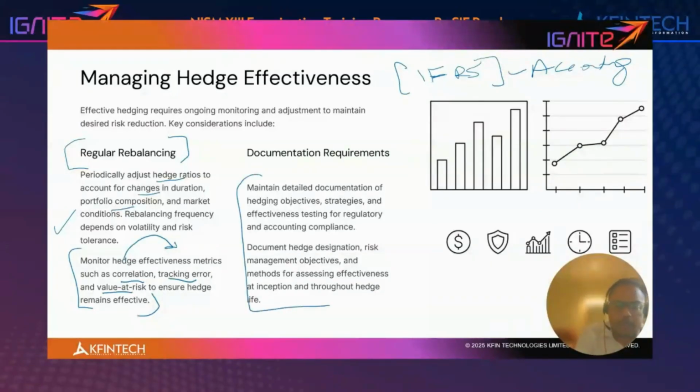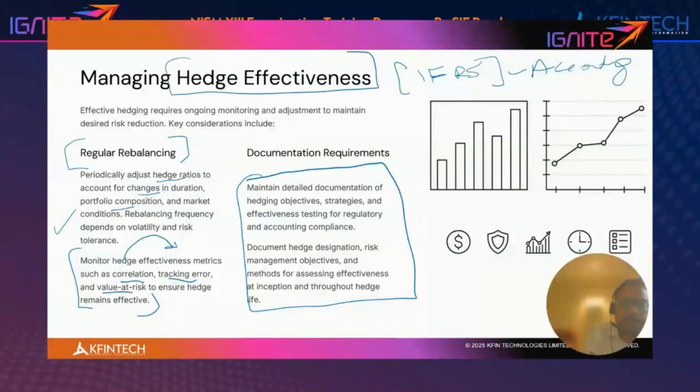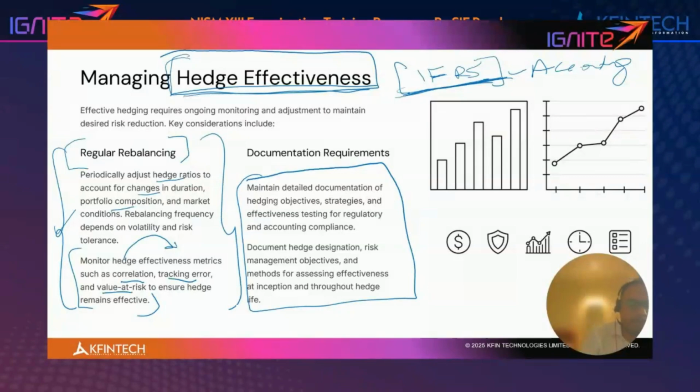And there's a lot of documentation requirement to be compliant to hedge effectiveness and claim an IFRS compliant reporting. So if you're an IFRS compliant reporting and you are claiming to be hedge effective in terms of the processes that you are following to manage your portfolio, you will have to do a regular rebalancing of your portfolio.